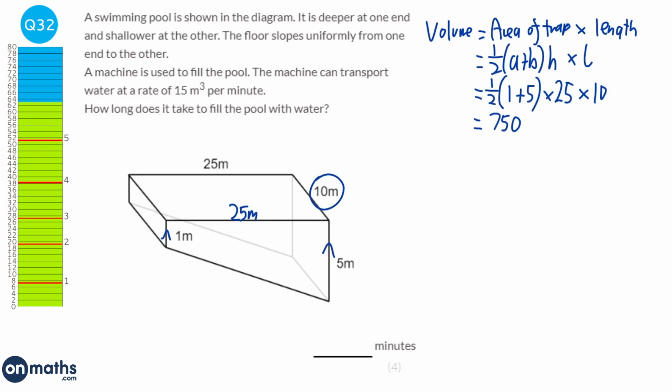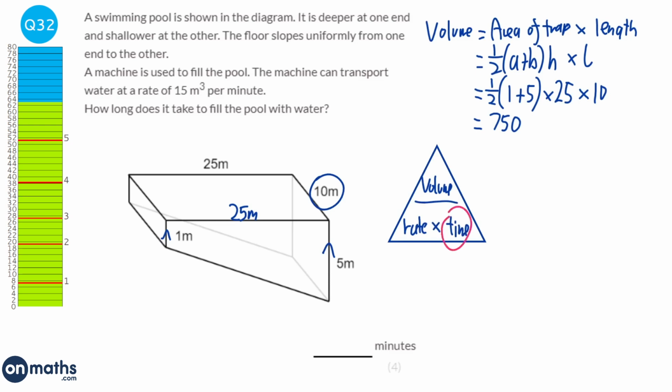Now, there is a little formula we can make for the rate. So the rate of anything, for this, will be the volume gained over time. Now, with this question, though, we're interested in the time it will take. It says how long will it take.